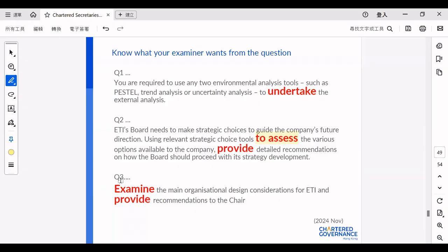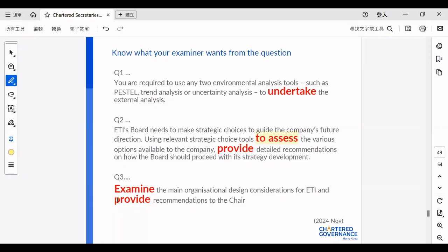And then detailed recommendations, and you have recommendation 1, 2, and 3, etc. So when you present your answers according to the requirements of the questions, that will help the examiners to see if you really understand the questions and to mark according to these requirements. So to make their life easier, and then your life will be easier.